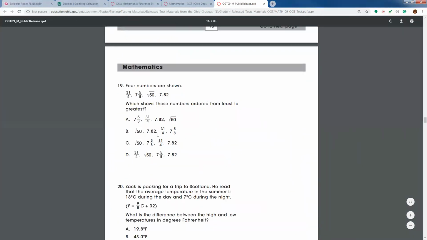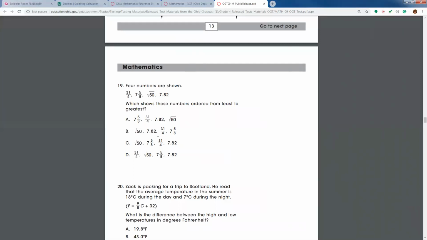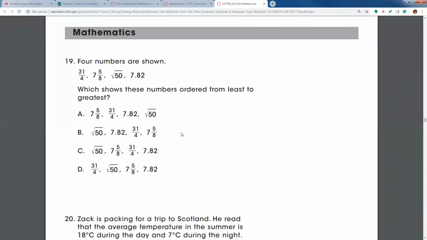Yeah, I was about to say, that one looks pretty crazy. Okay, does look pretty crazy. So a problem like this is best to do with a calculator. Honestly, just looking at it, I have no idea what order it goes in. I don't know what each of those numbers really mean. But we can put decimals in order a little bit easier. So you are able to use a calculator.